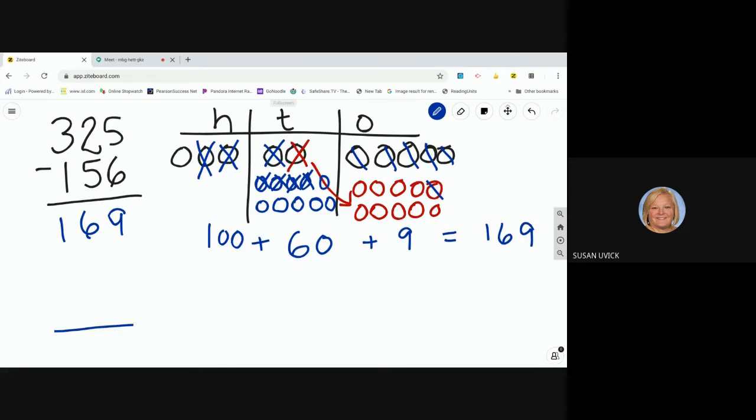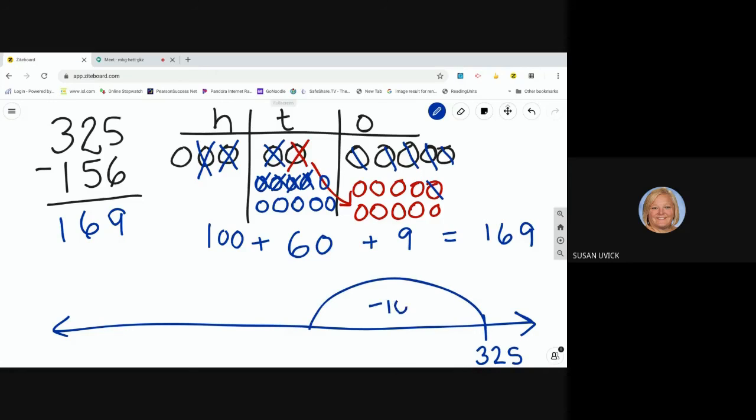Okay. Way we can do this one on the number line, we're going to start at 325. Let's take away 100. If I count backwards from 325, 225.